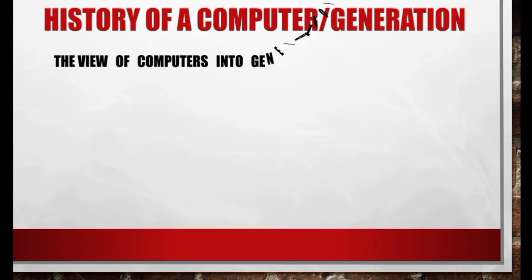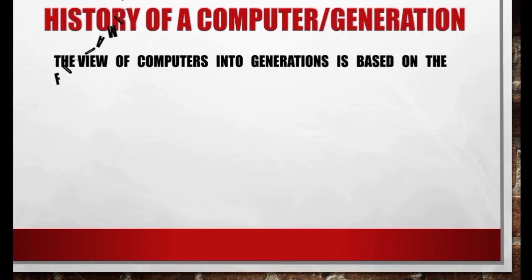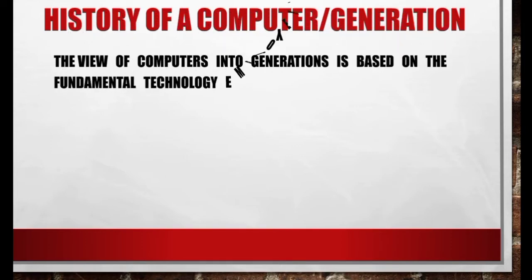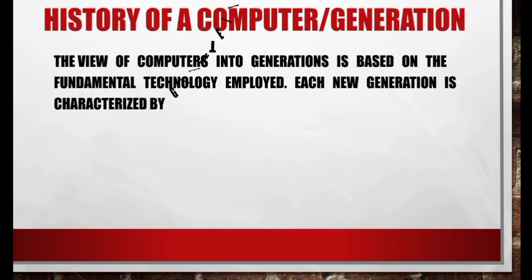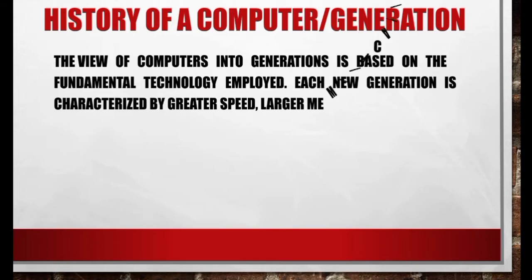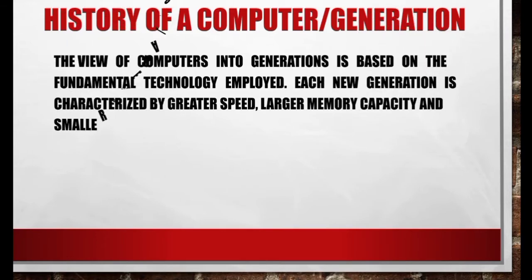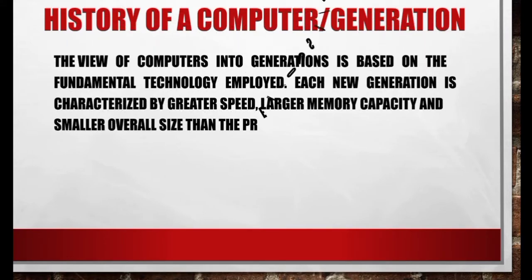The view of computers in generations is based on the fundamental technology employed. Each new generation is characterized by greater speed, larger memory capacity, and smaller overall size than the previous one. As we check the computer generations, you'll notice that from the first generation to the second generation, each is characterized by greater speed.